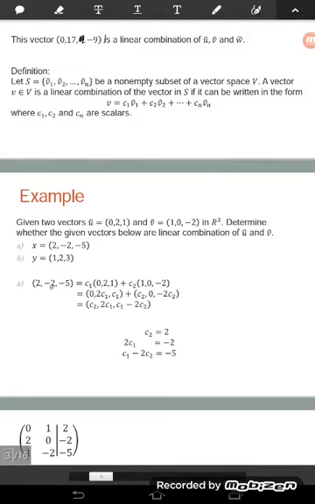Okay, so 2, negative 2, negative 5 is equal to one constant times vector u, which is 0, 2, 1, plus second constant times vector v, which is 1, 0, negative 2. And then expand, so you have this one, and simplify, so you have C2, 2C1 and C1 minus 2C2.